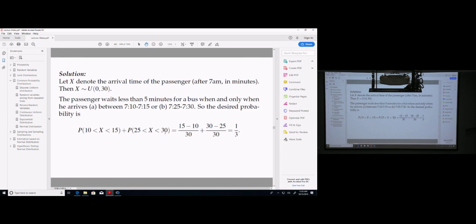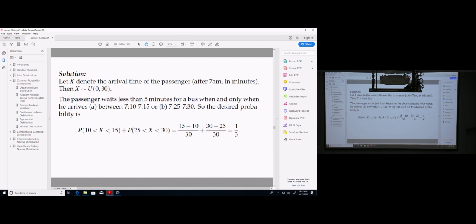Okay. So X is the arrival time of the passenger after 7 a.m., and everything is measured in minutes. His arrival is somewhere between 0 and 30.